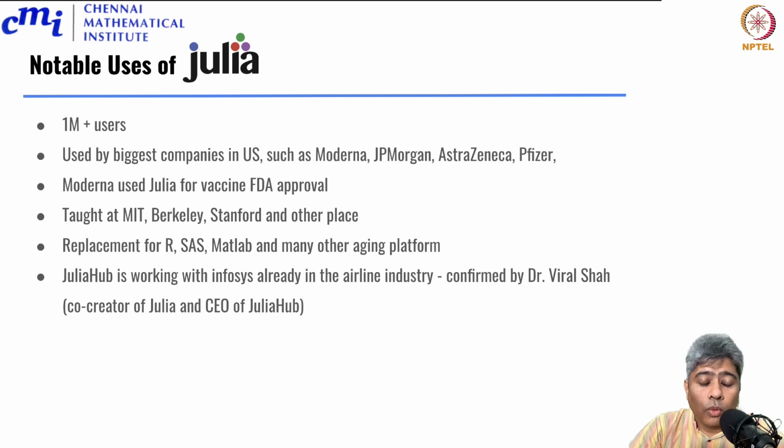So far, worldwide 1 million plus users, used by the biggest companies in the US such as Moderna, JP Morgan, AstraZeneca, Pfizer. Moderna used Julia for vaccine FDA approval and it is being taught at MIT. So many companies are trying to replace R, SAS, MATLAB, many other aging platforms.